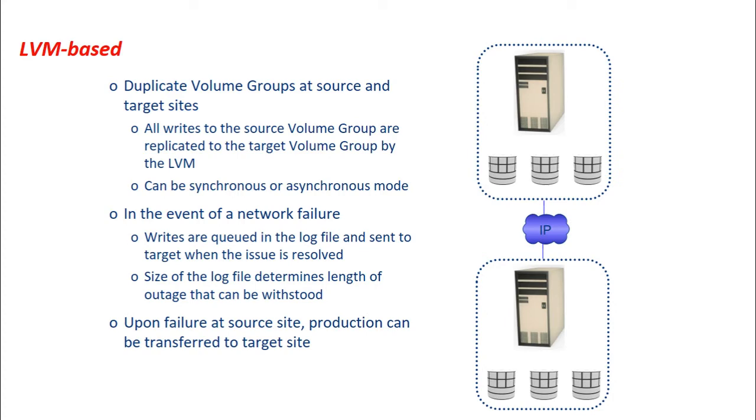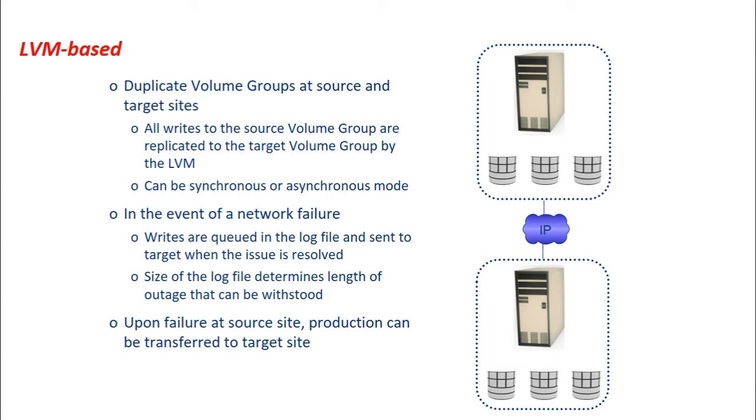So we have the logical volume manager at the source as well as at the remote host. The LVM at the source is used to write to the source volumes and transmit to the remote host, whereas the LVM on the remote host receives the writes and commits them to the remote volume group.